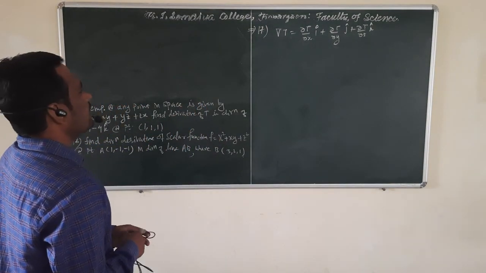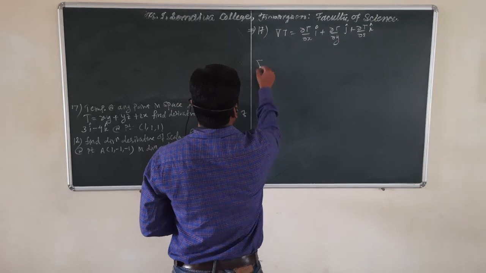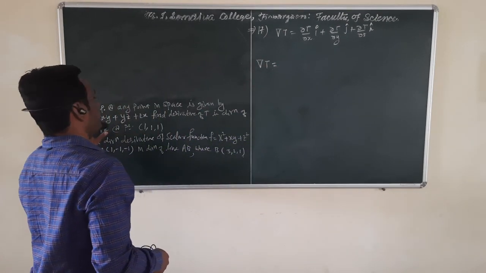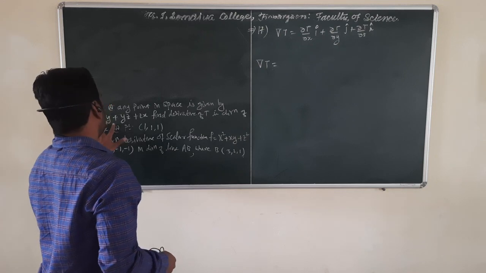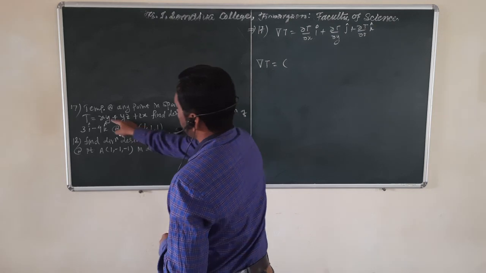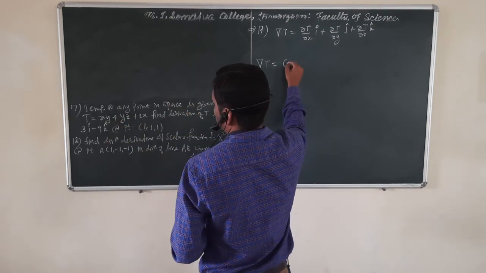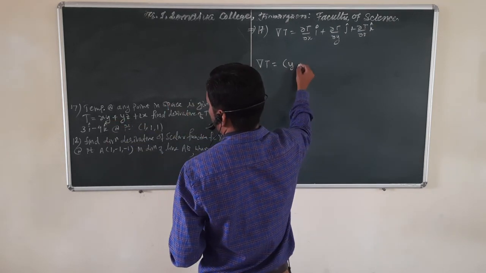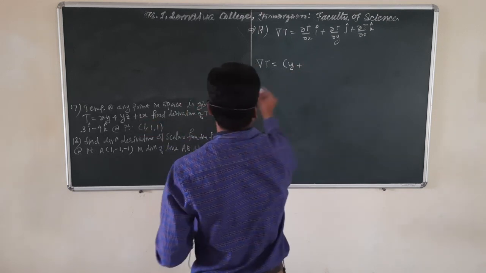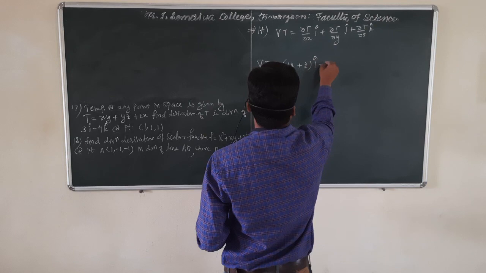So gradient of T is equal to, here we have to differentiate this T with respect to x. If we differentiate this with respect to x, we get y plus z, so (y plus z) i cap.